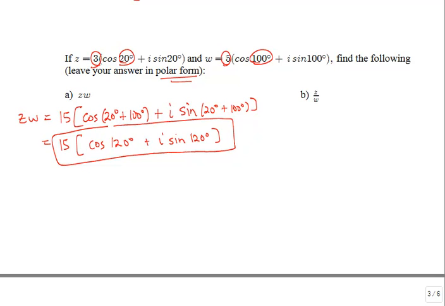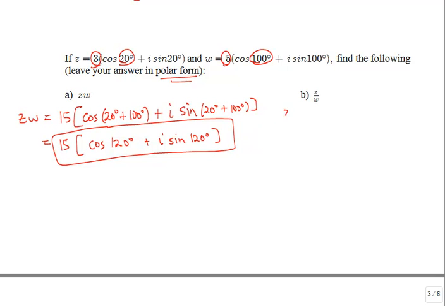So here's our answer. If we wanted it in rectangular form, then we would just figure out what cosine of 120 degrees is. Remember, 120 is the same as 2 pi over 3. Change those into your 1/2 and your root 3 over 2's, and then distribute that 15 across. But I'm going to stop here since we're allowed to use polar form.